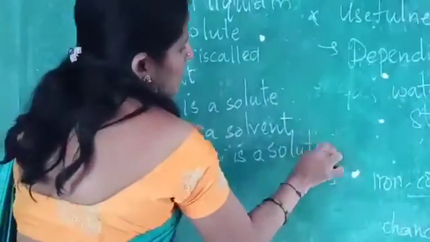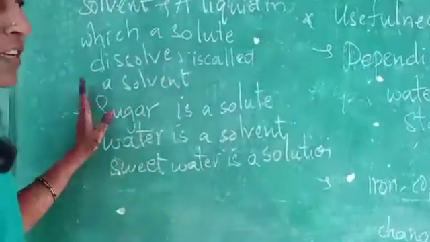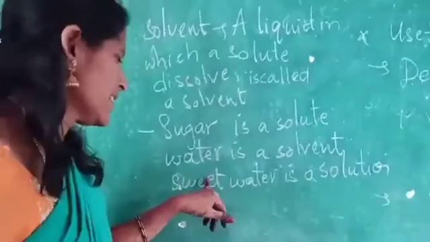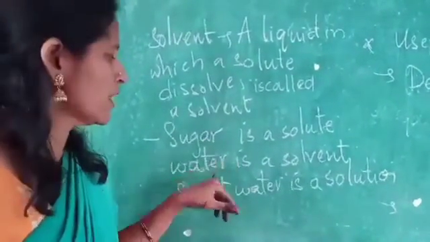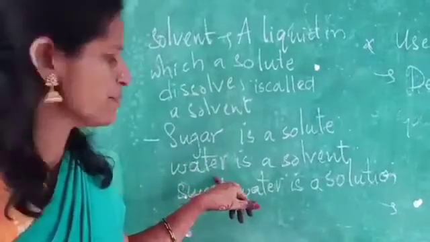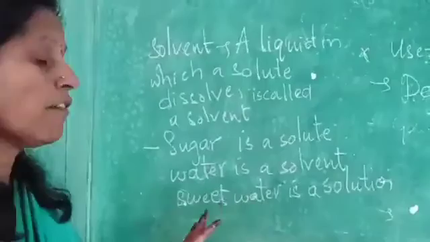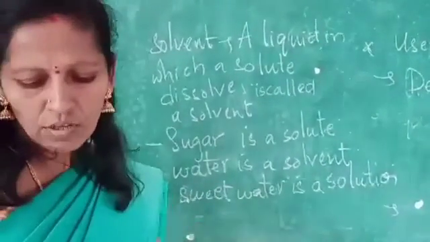Yes or no? Yes. So we have taken water and solute. We mixed. Then after mixing, what happens? The water has become very sweet. So it is called a solution.